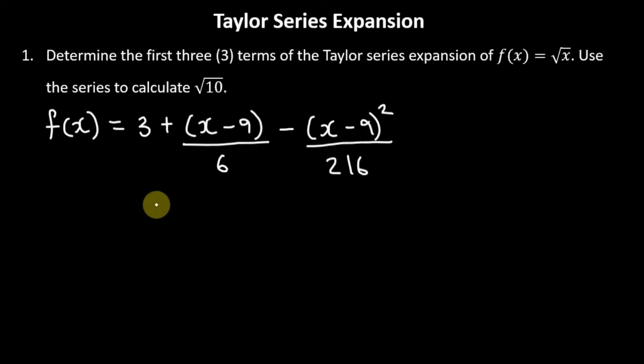The reason why I say a close value and not the exact value is because we only wrote out the first 3 terms. The more terms you have, the more accurate your answer will be. But we should get a very, very close value. But before we use the series, guys, to calculate the square root of 10, let us first use our calculator to find out what the actual value for the square root of 10 is.